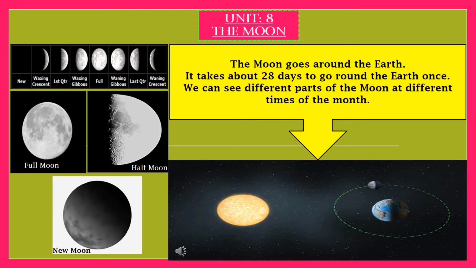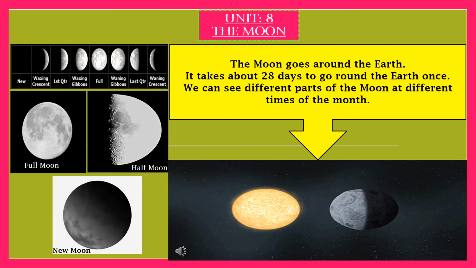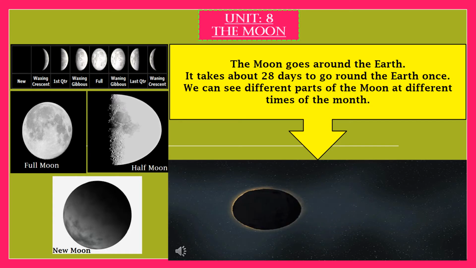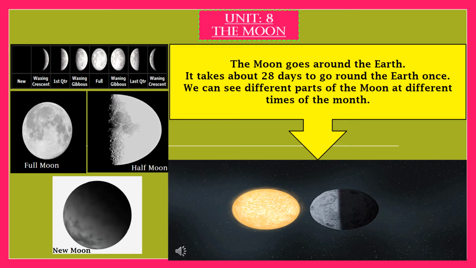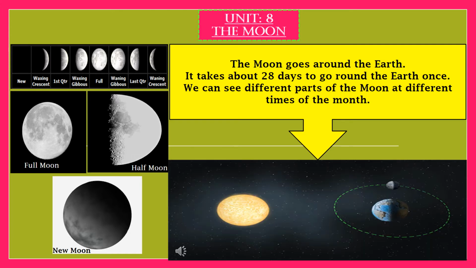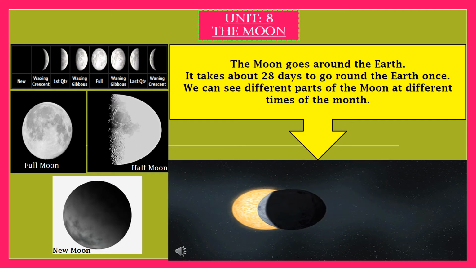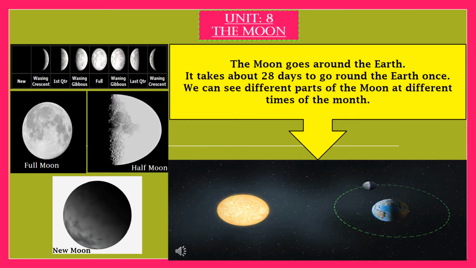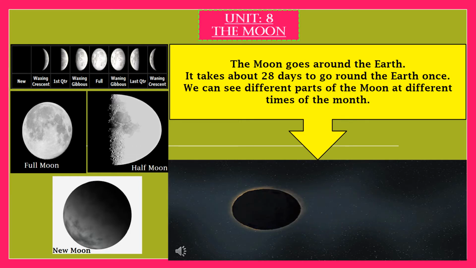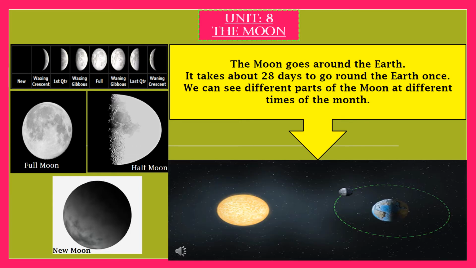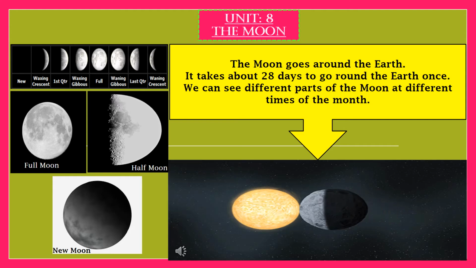During these 28 days, we all can see different parts of the moon at different times of the month. If you look at this picture, you can see 8 phases or shapes of the moon during these 28 days.